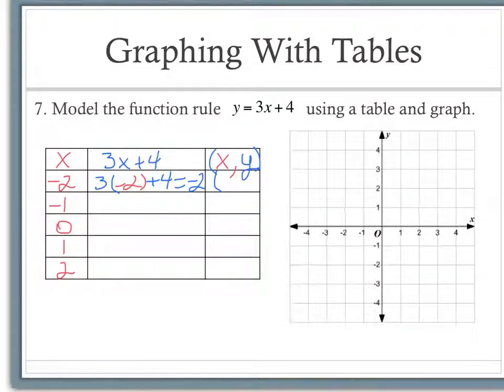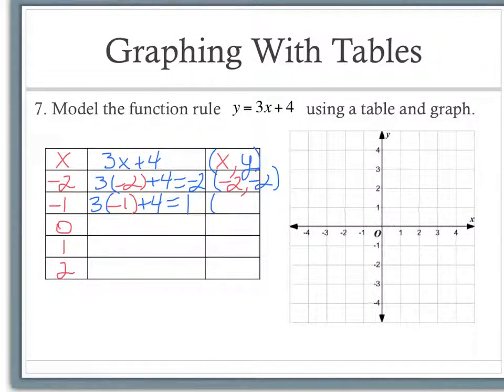So that means my ordered pair will be negative 2, comma, negative 2. Then the next one, I'll have 3 times negative 1 plus 4, and I get a positive 1.